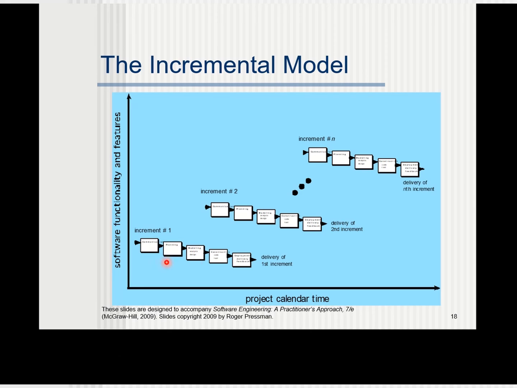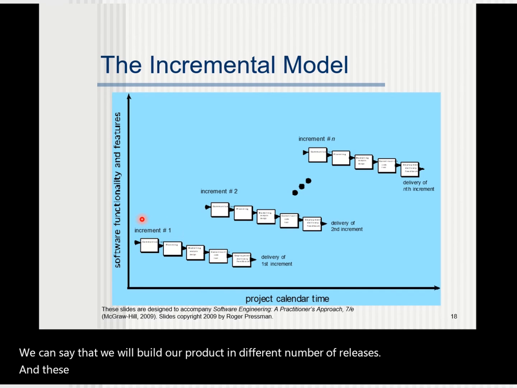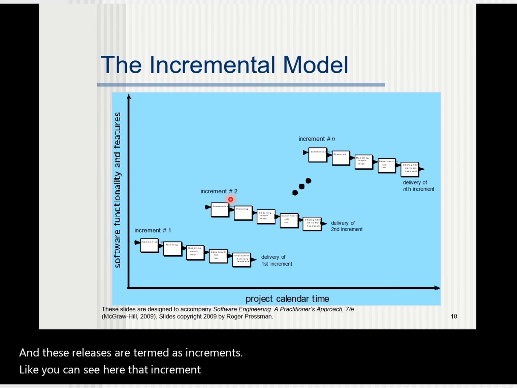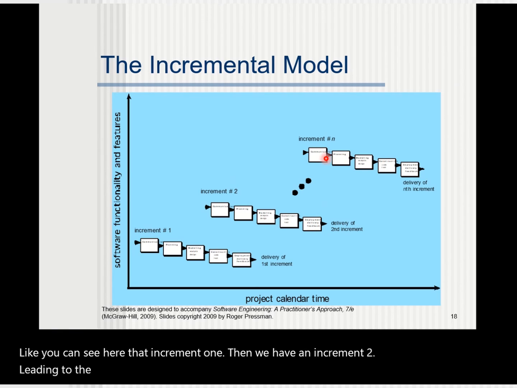So we can say that we will build our product in a number of releases, and these releases are termed increments. Like you can see here, increment 1, then we have increment 2 leading to the final increment that we have generically termed increment n.